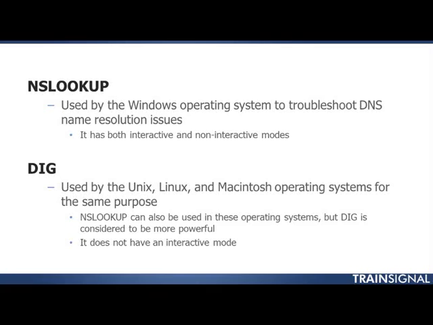What this means is you can go to your command line in a Windows environment and just type NSLOOKUP, and it will take you into the NSLOOKUP prompt. Okay, you won't be in a normal command prompt anymore. And then from there, you can type different commands that work within the utility, or you could type out an entire command where you have NSLOOKUP and then various switches that follow the command to get a result just from that one command.